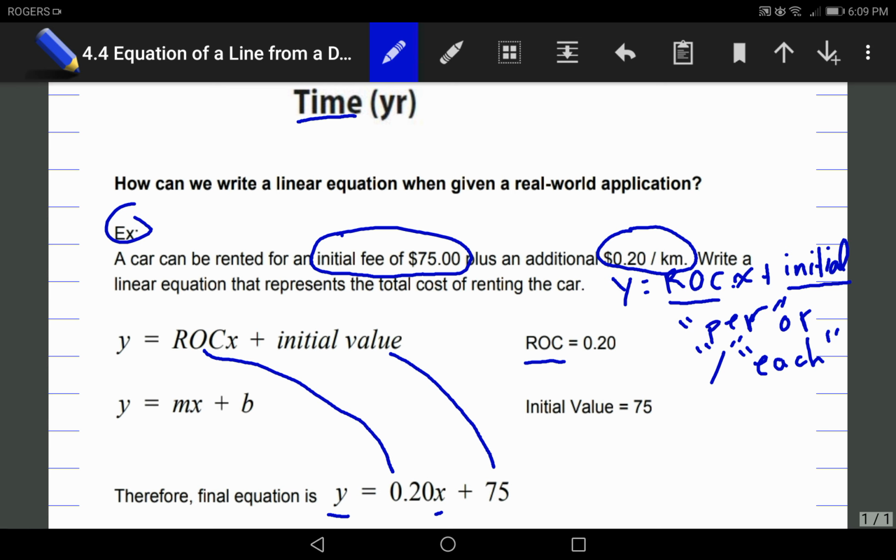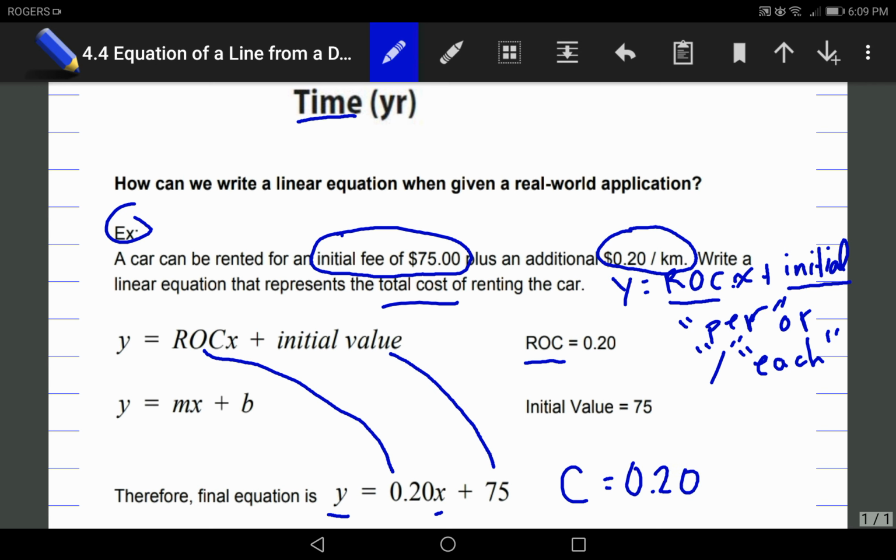So instead of writing y equals, how about we do this? How about we say that since we're finding what the total cost is, instead of using y, why don't we put capital C for cost? Okay? So instead of y equals, we're putting cost equals. Okay? And put your 0.20.